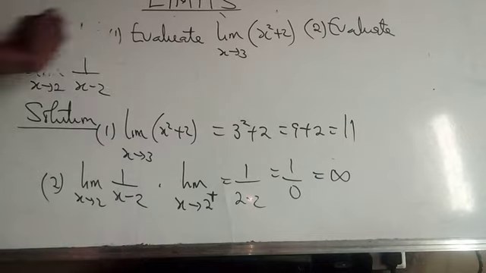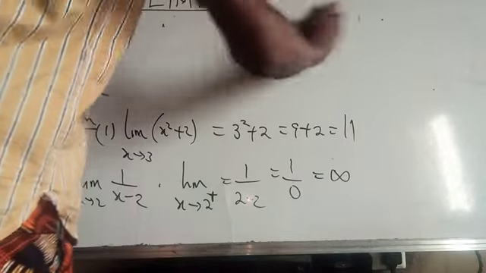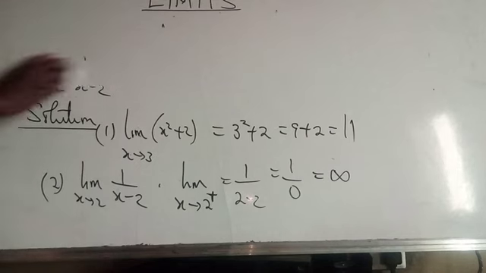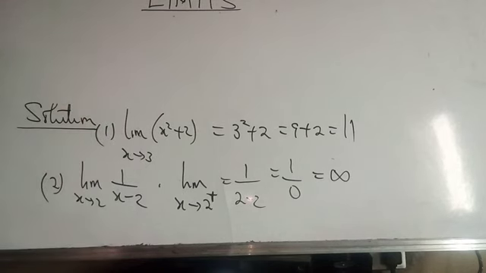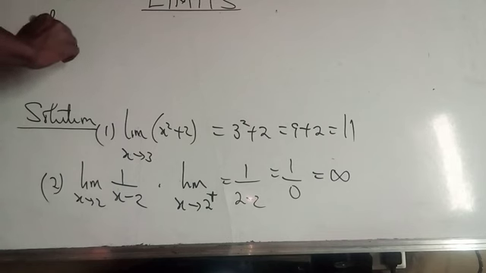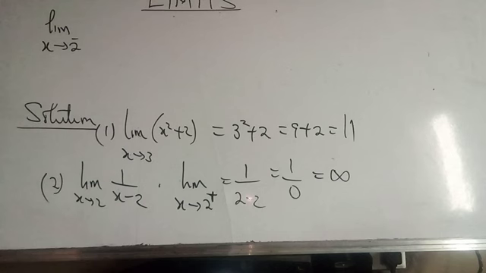Now, suppose we start from the left hand side. We have the limit as x tends to 2 minus. The 2 minus there does not mean minus 2. It means that you are taking your limit from the left hand side.